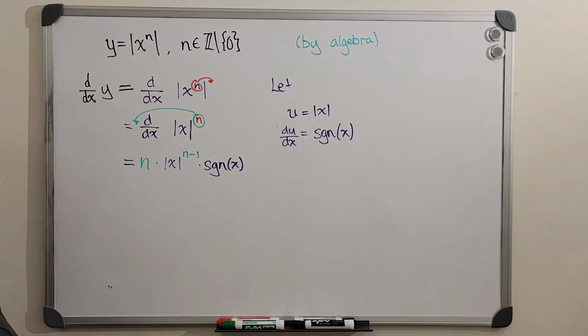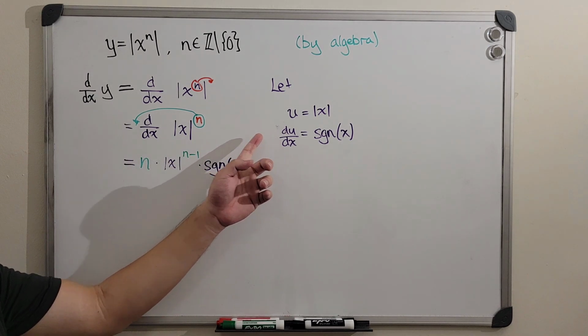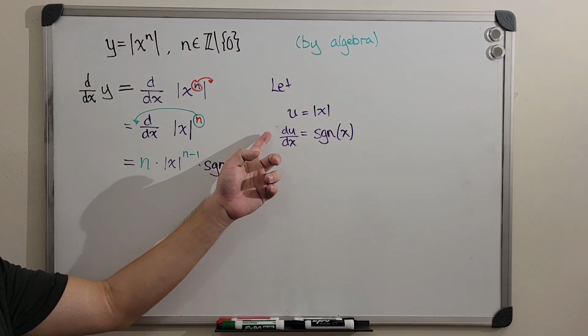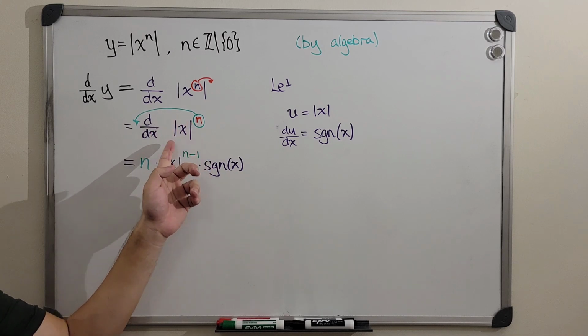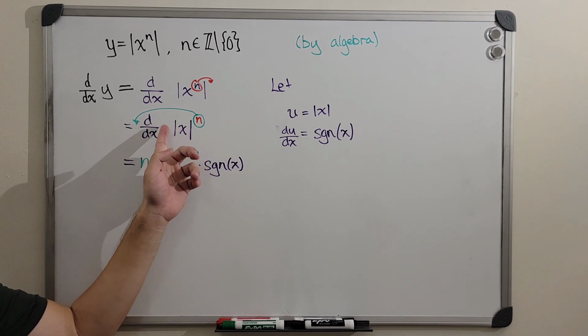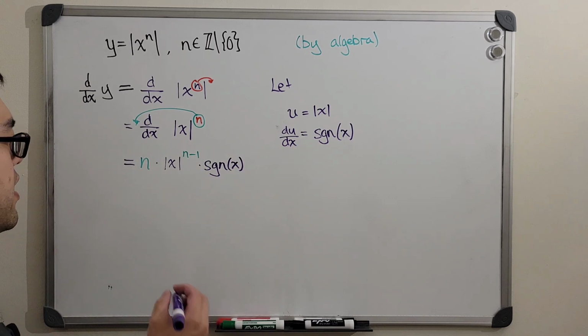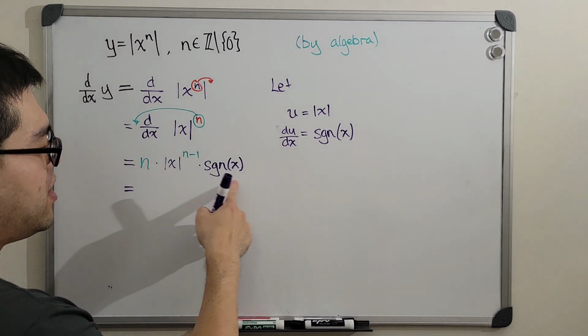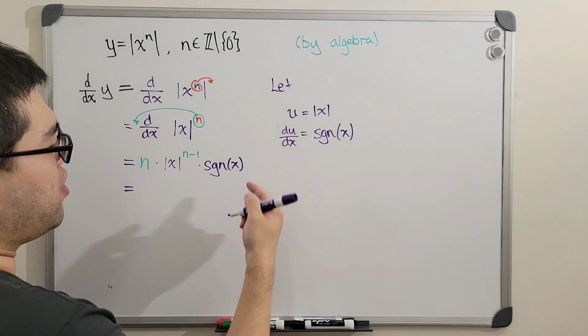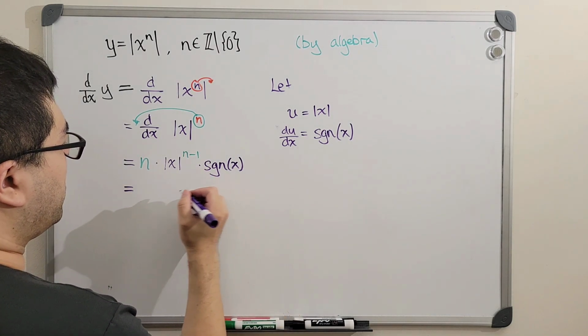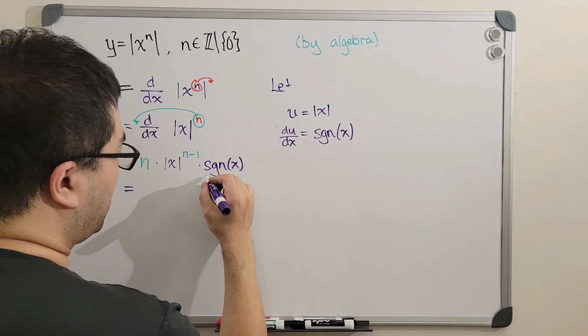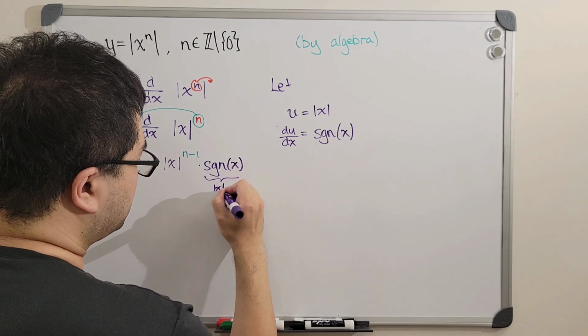Okay, good. And again, that's because we are now changing it into du over dx for this u function here. So after the chain rule, we need to multiply back in, and again, what is the sign of x? It's the same as the absolute value of x over x.